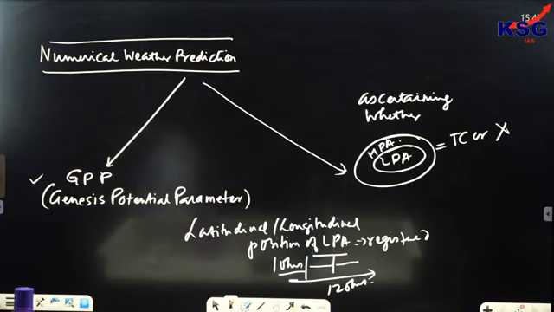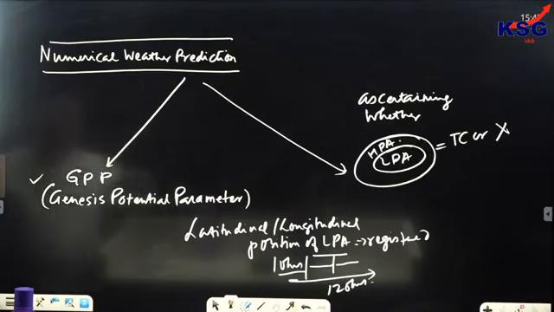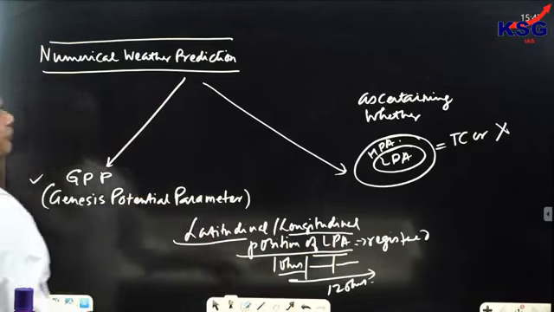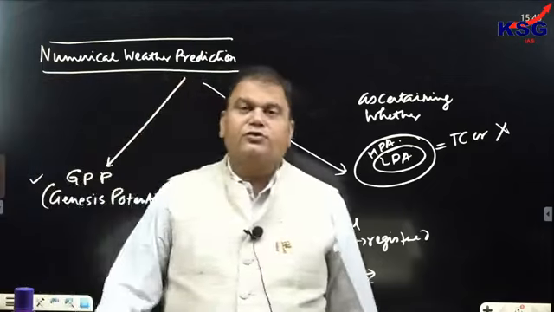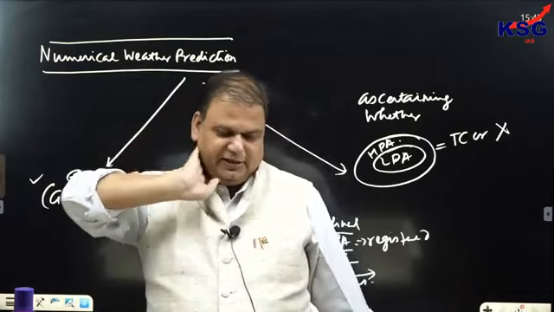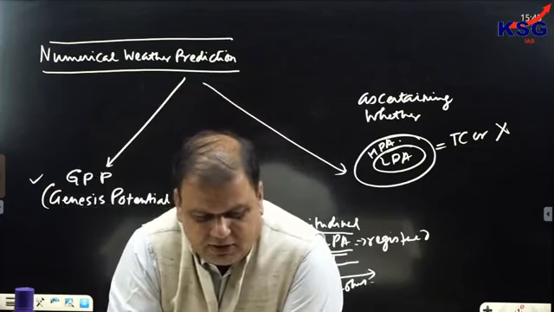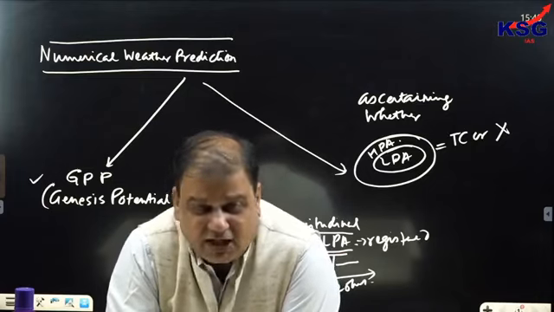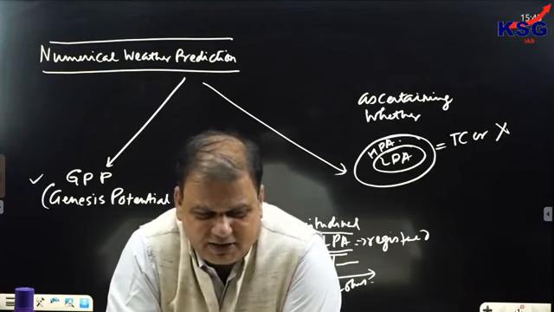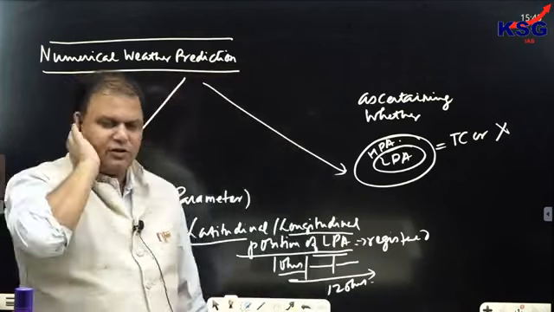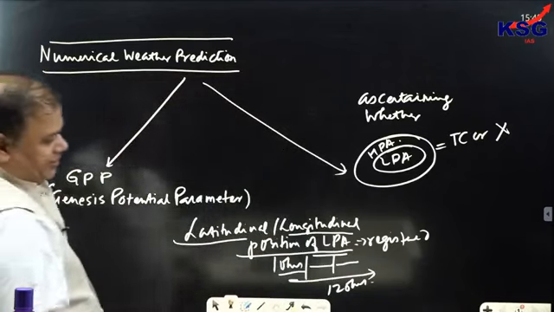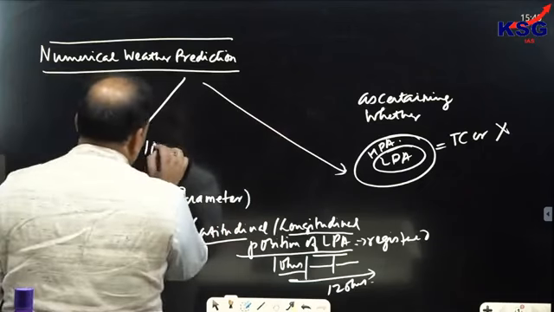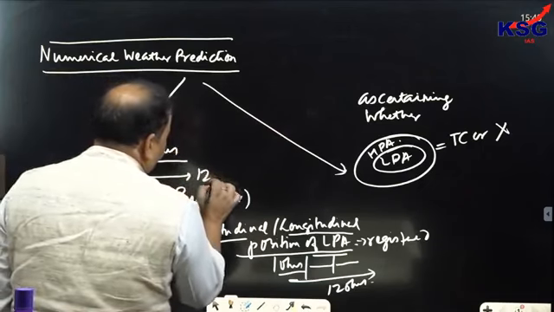For this purpose, we would be registering the latitudinal and longitudinal position of low pressure area surrounded by high pressure area at 10 hours interval for 120 hours.